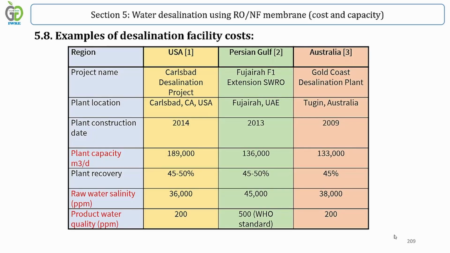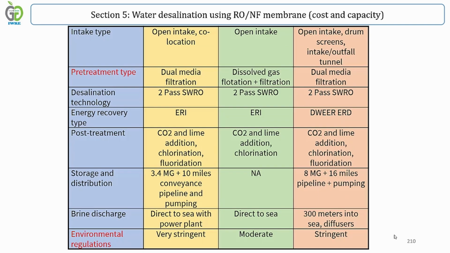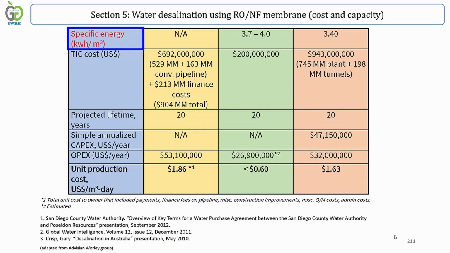The parameters compared for these projects that affect the cost are plant location, plant capacity, plant recovery, raw water salinity, product water quality, intake type, pretreatment type, desalination technology, energy recovery type, post-treatment, storage and distribution, brine discharge, environmental regulations, and specific energy.